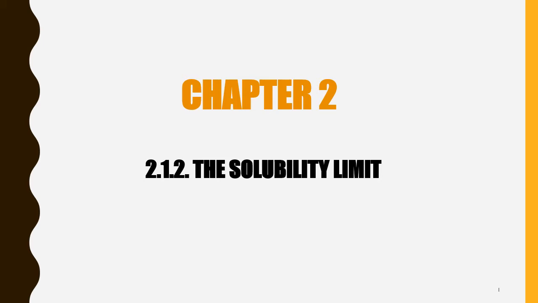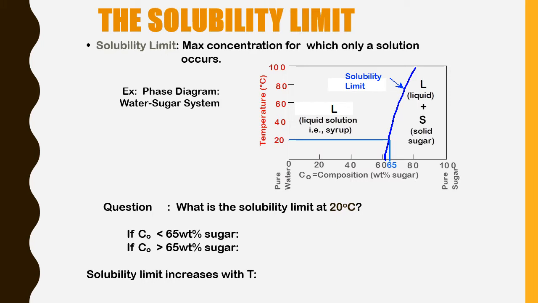The first rule is it must comply to atomic radius, the same crystal structure, the same electronegativity, and same electron valence. Now, in this subchapter, we shall learn about the solubility limit.